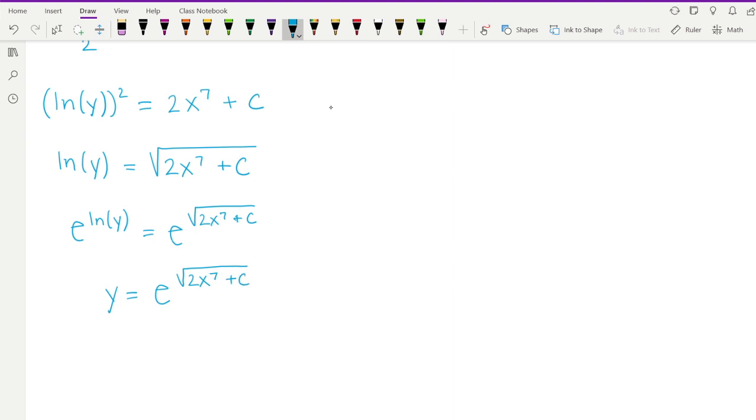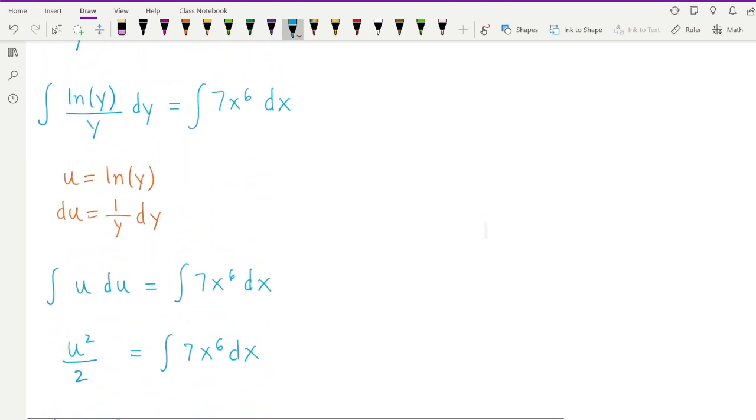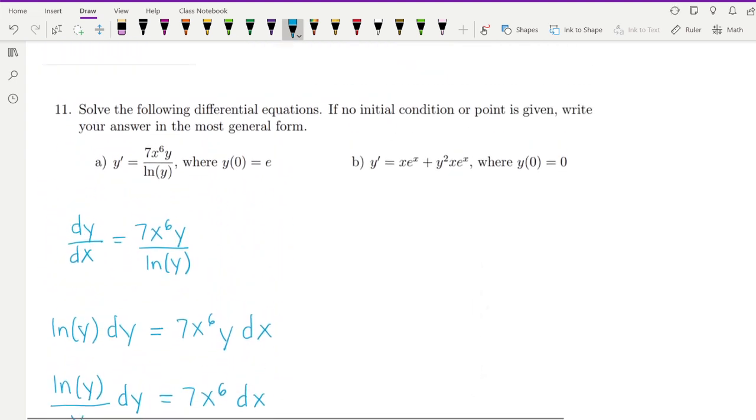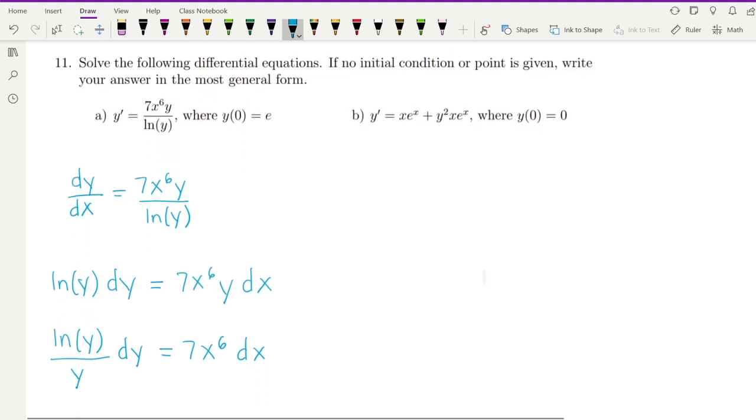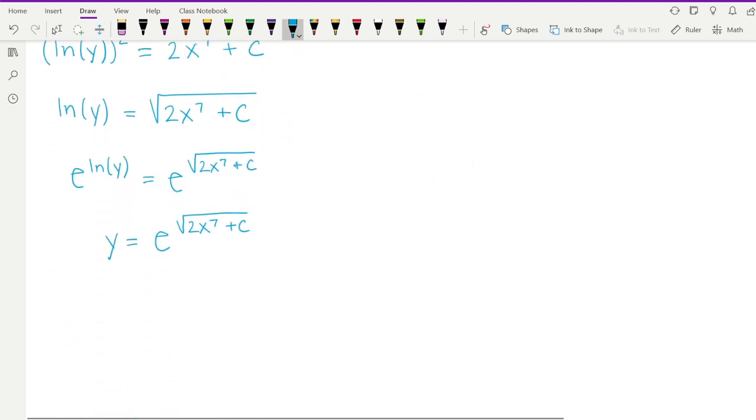And so now the last thing we need to do is figure out what is the value of c. The way we can do that is to plug in the initial point that's given. We're told that y of 0 is equal to e. So we want to plug in 0 for x and see what that gives us and set that result equal to e.